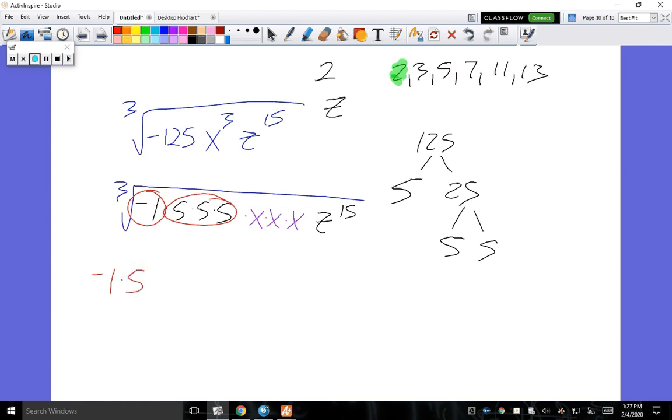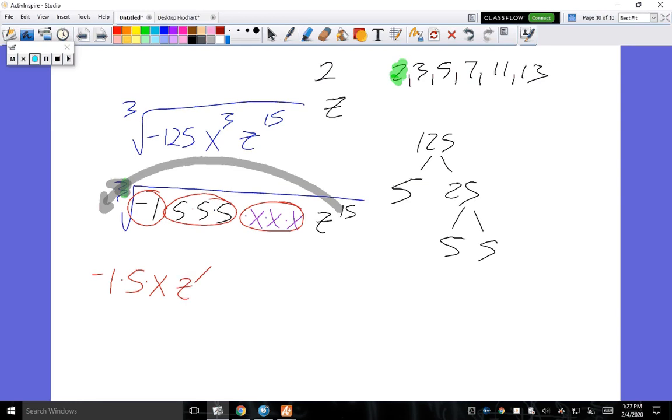You're going to combine them all to one term through multiplication. Do the x's come out? Yes, as just one x. Okay? How many groups of 3? 5. 5 groups of 3 will come out. So it'll be z to the 5th.